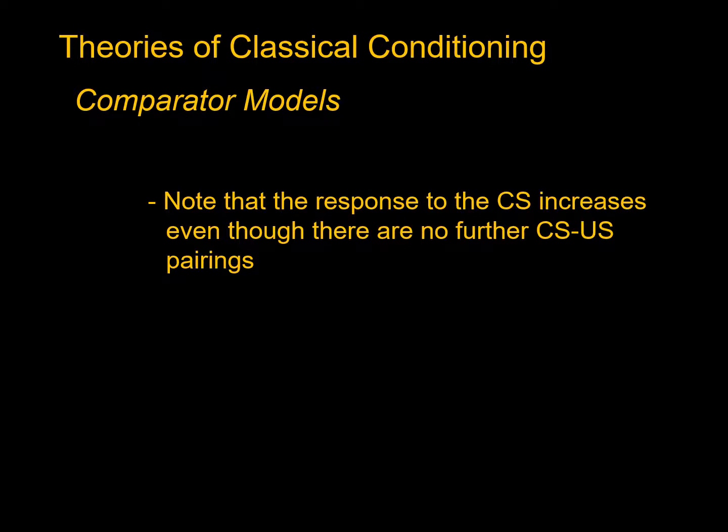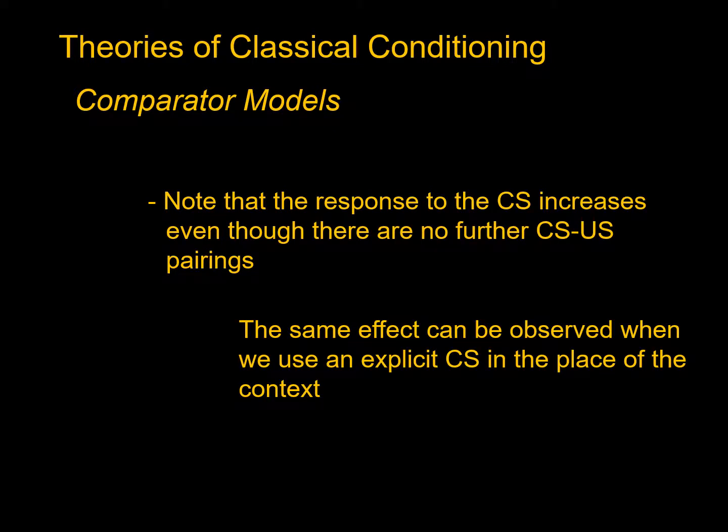So being in that context is now not a good predictor of shocks at all anymore. So even if the light is pretty crappy as a predictor, it's now the best one you have. So you're going to start responding more as we extinguish the context US association.